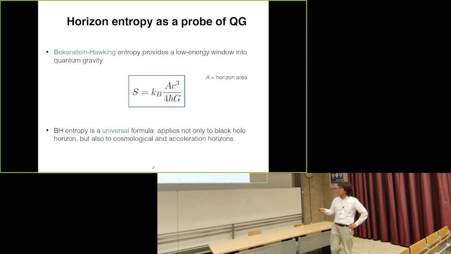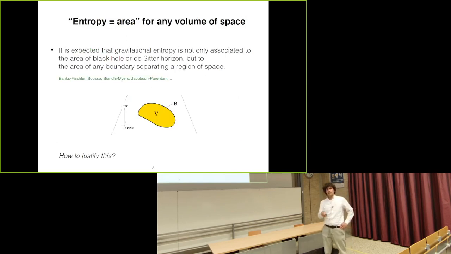It was originally discovered for black holes and later for cosmological horizons, but it is actually a very universal formula because it also applies to acceleration horizons, and arguably, as Laurent also mentioned, it applies to the area of any boundary separating a region of space. So it applies to any finite region of space, basically.